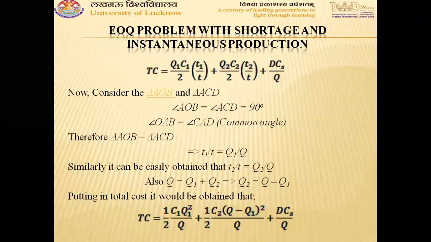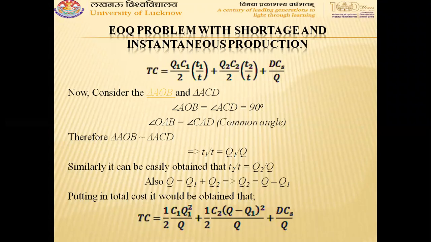Also, here are three quantities we require to obtain for minimizing the total cost: Q1, Q2 and Q. We can reduce it by taking into consideration the equation Q is equal to Q1 plus Q2. So in place of Q2, we can put Q minus Q1.